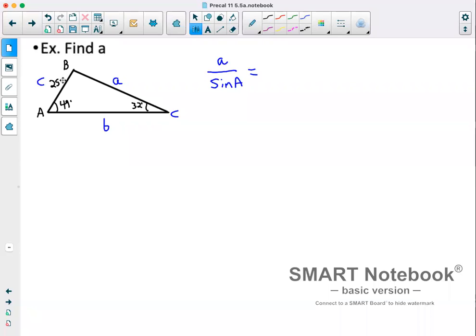In this case, that would be C. So equals C over sine C. Now we want to get lowercase a on its own, so we'll multiply both sides by sine of A. So that gives us A is equal to C sine of A over sine of C.